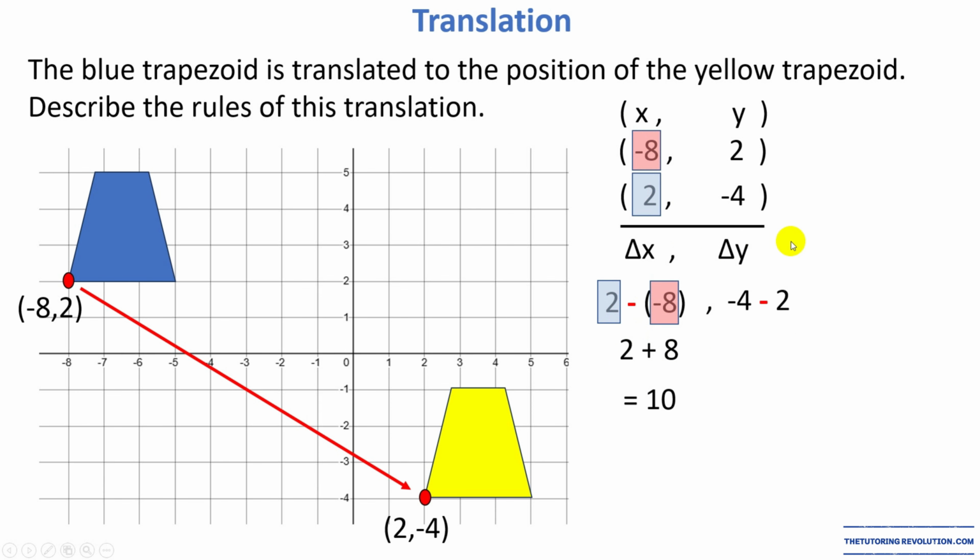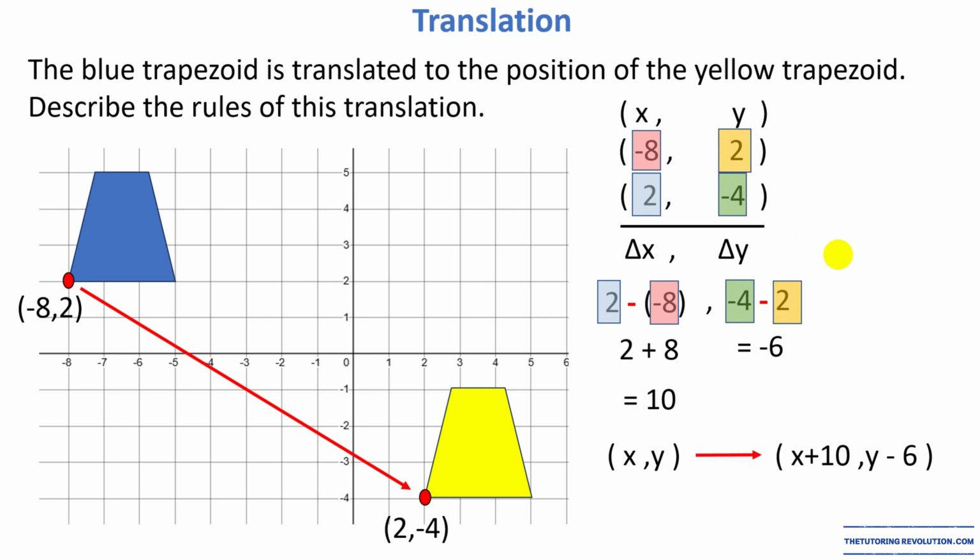And for the y, it will be negative 4 minus 2, which is negative 6. Therefore, we arrive at the same rule, that the x increases by 10 and the y we subtract 6. So those are two different ways to find the rules of this translation.